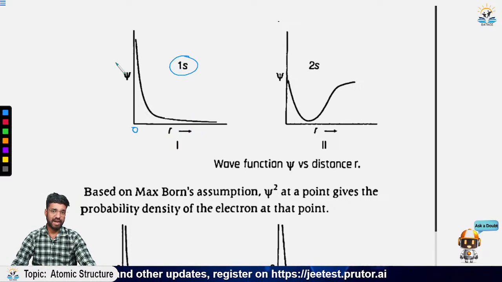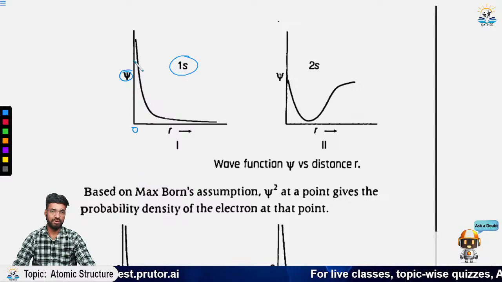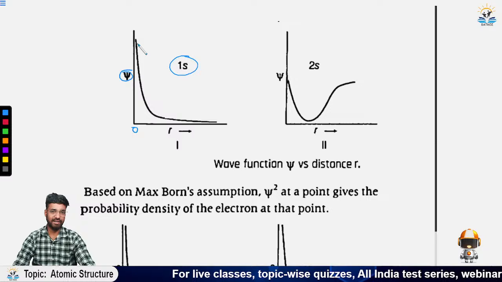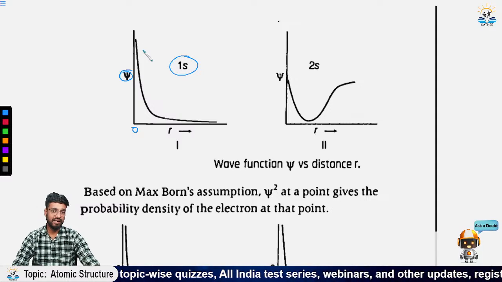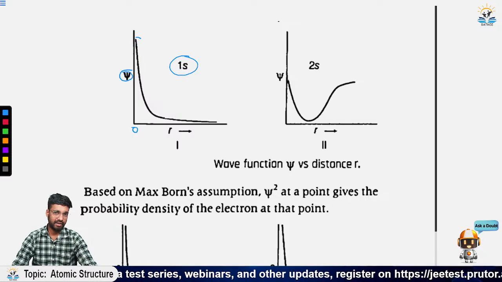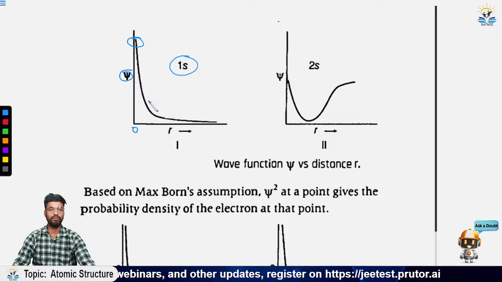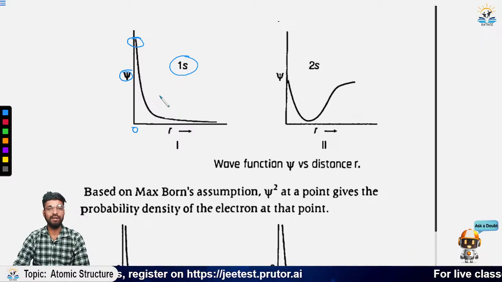So this psi does not have any physical significance. You can see clearly from this diagram also. If you consider psi as something physically significant, then it shows that most of the electron is present in the nucleus, which is not possible at all because the nucleus contains only protons.